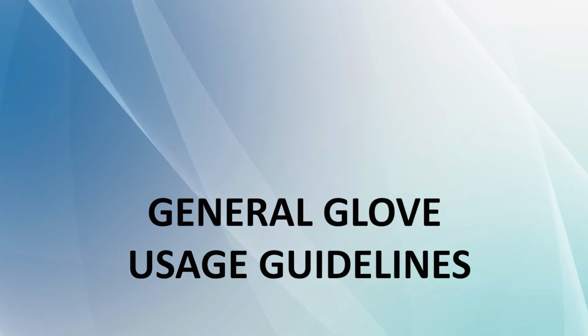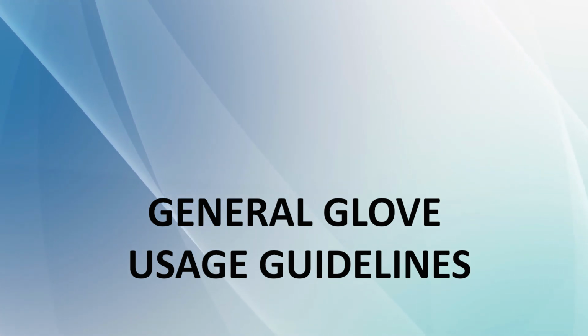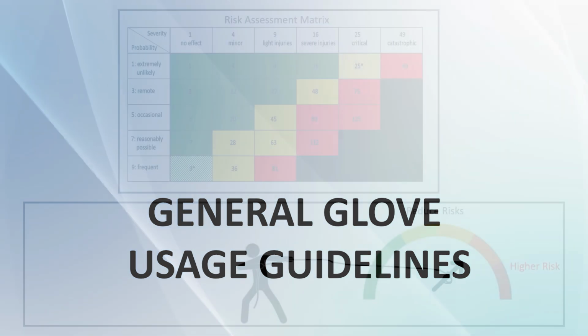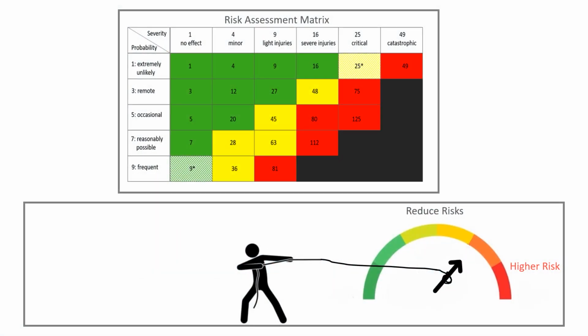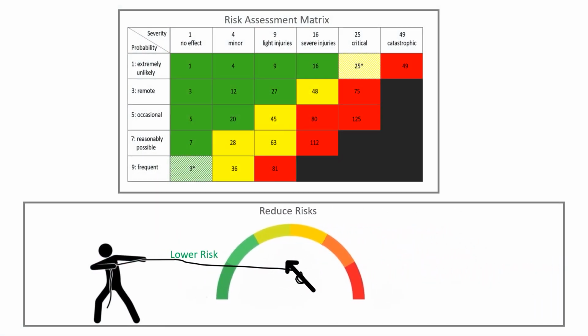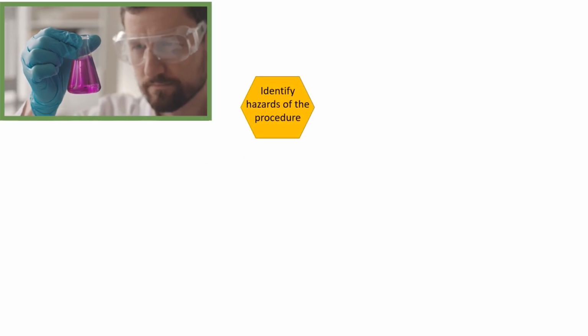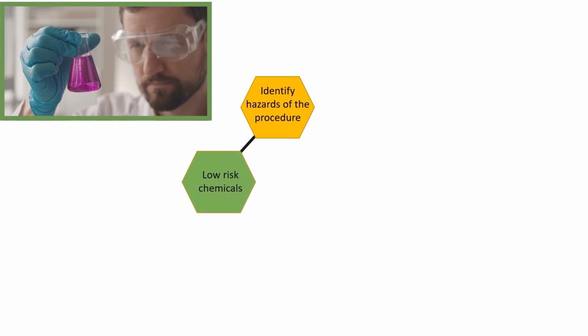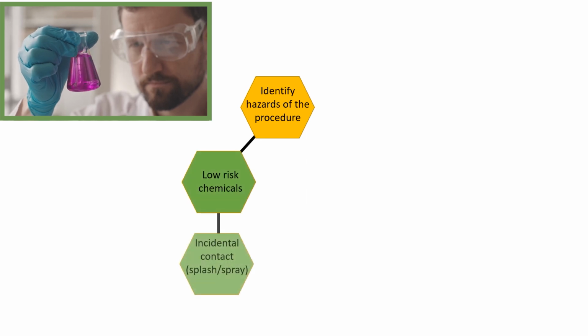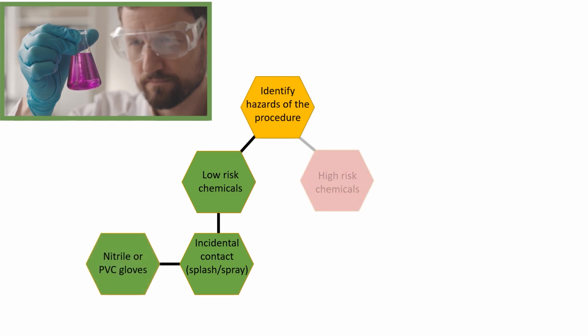Here are some general guidelines and best practices for glove use. Always perform a thorough risk assessment for proper glove selection before beginning your work. For low-level hazards, where an occasional splash or drip can occur when handling chemicals, the standard disposable nitrile gloves are sufficient.